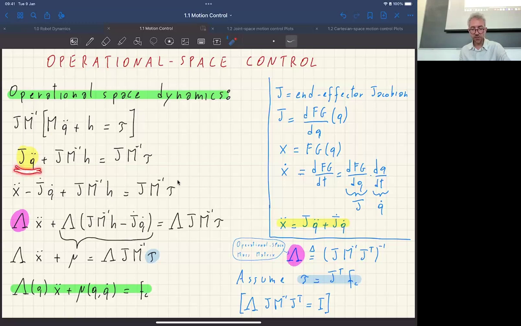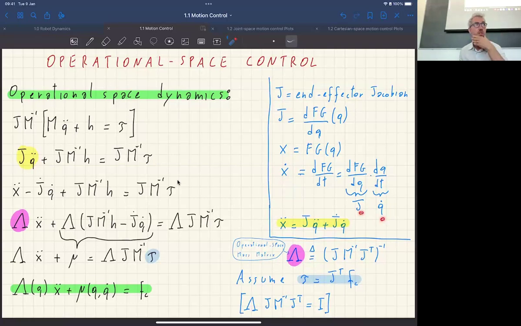Now I need to work on this term, J q double dot. The way I'm going to do it is by exploiting the relationship between the velocities in joint space and the velocities in Cartesian space, which is defined by the Jacobian. We have already seen that the velocity of the end effector can be computed as J times q dot.